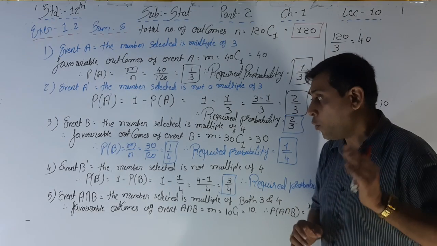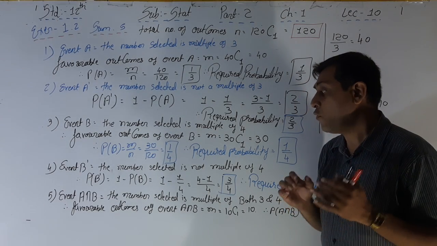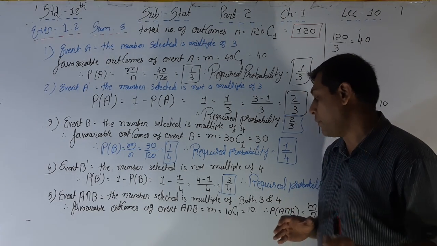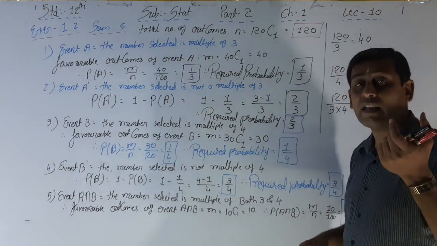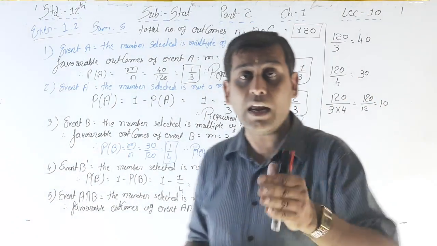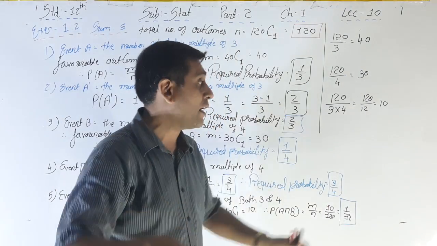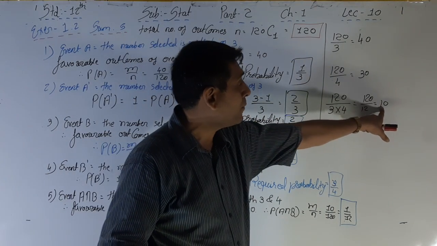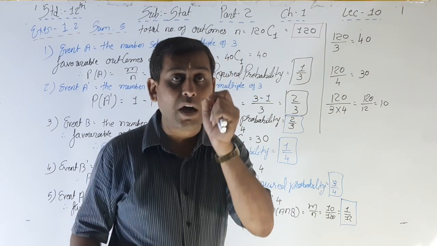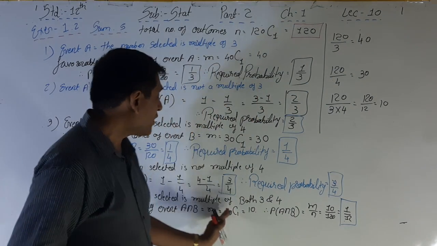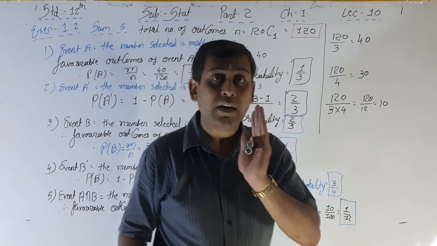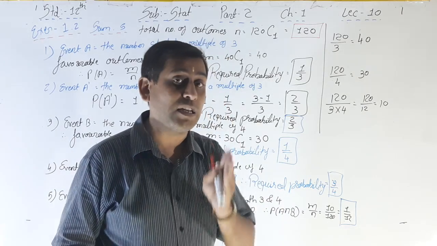Okay. So here, what is your final answer? For the number selected is a multiple of both, that is 3 and 4. That is what? Here it is event A intersection B. And for that, what is the favorable outcome here? 10 numbers are there which are multiples of 3 and 4. And that's why we can say 10C1 is your answer, that is your favorable outcomes, that is 10.